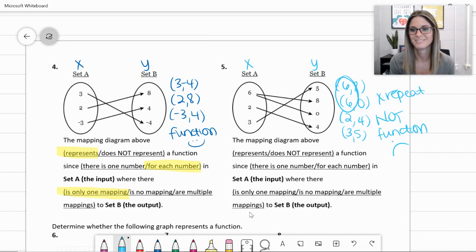Sad face. Let's fill in our blanks. The mapping diagram above does not represent a function since there is one number in set A, the input, where there are multiple mappings to set B. 6 went to 8 and 6 went to 0. It went to multiple places in the output.